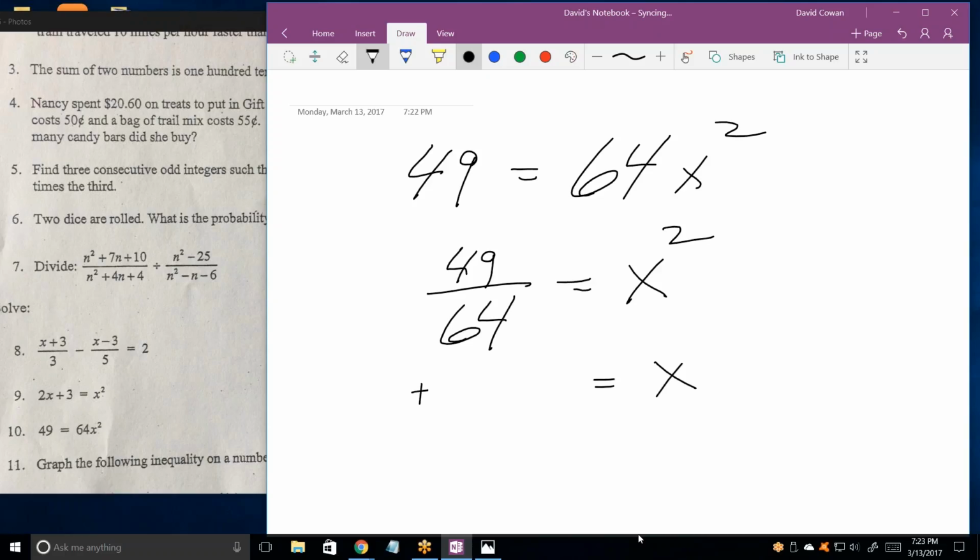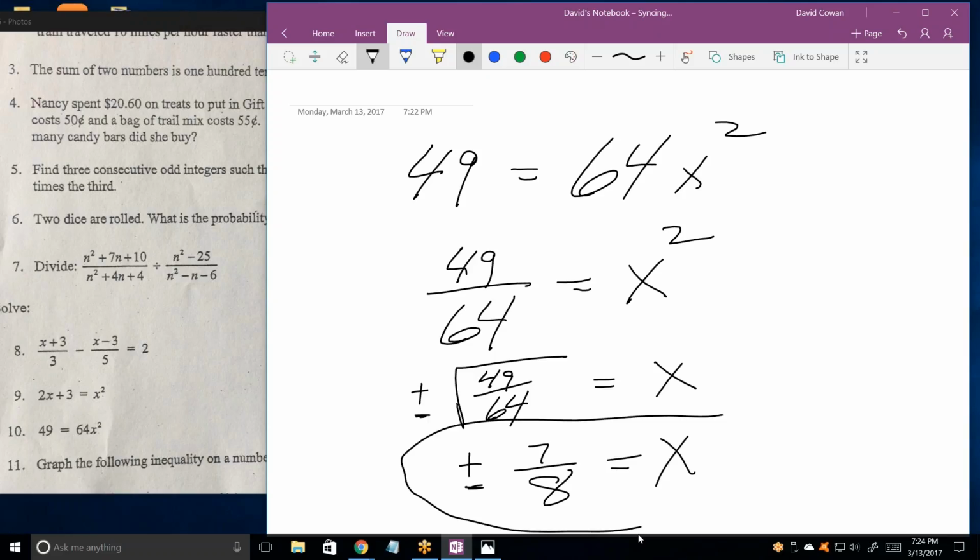Plus or minus the square root of 49 over 64, which is plus or minus 7/8. Now, this is a mistake that 95% of math students will make. They will leave off the plus or minus.